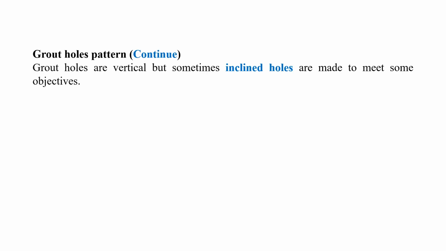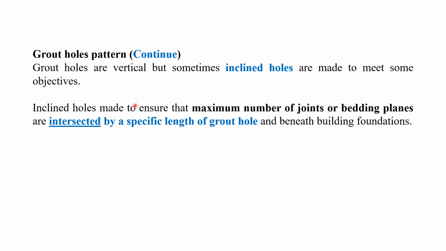So under the grout hole patterns, grout holes are vertical, but sometimes inclined holes are made to meet some objectives. Inclined holes are made to ensure a maximum number of joints and bedding planes are intersected by a specific length of the grout hole, and beneath building foundations.